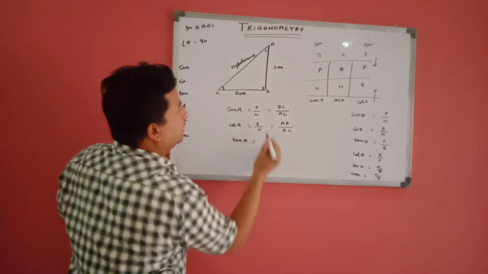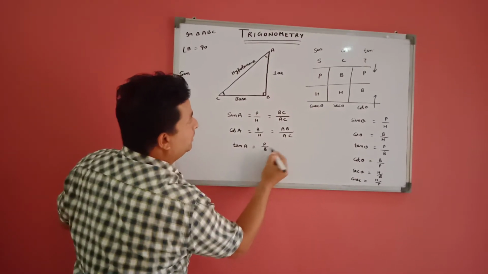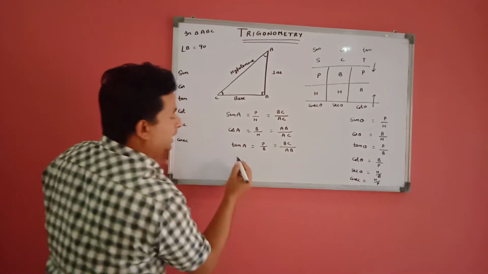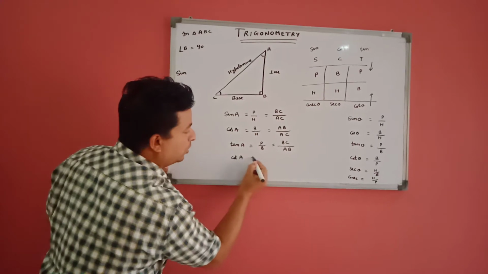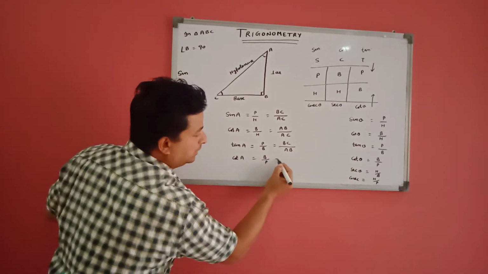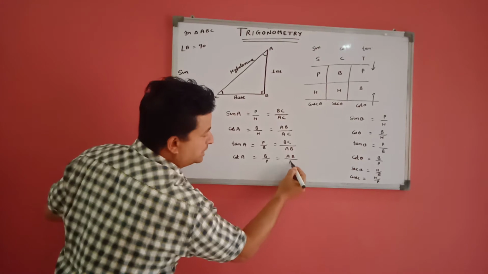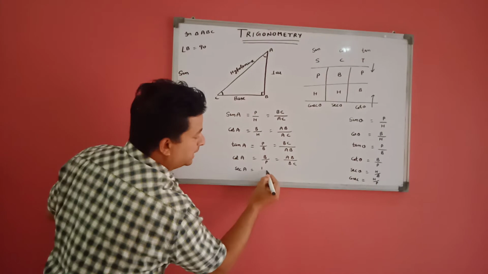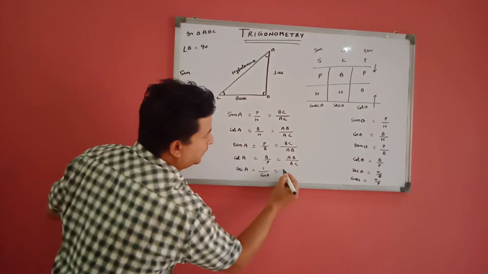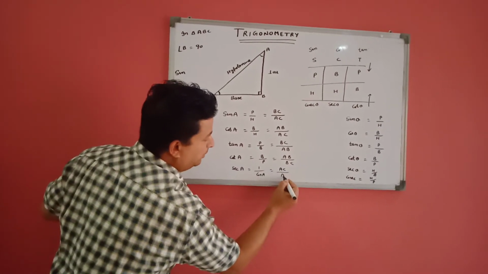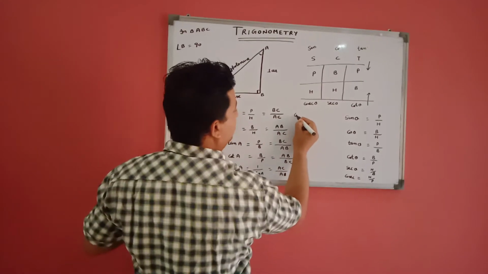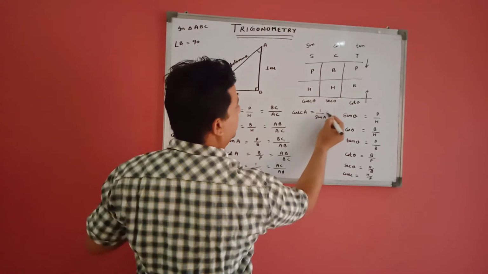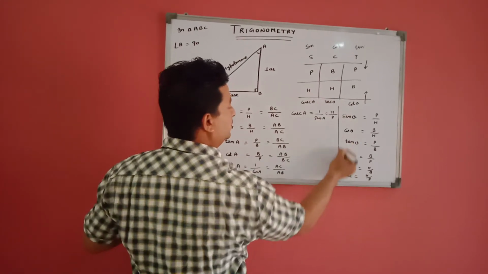Tan A is perpendicular over base, which is BC upon AB. Cot A is B upon P, which is AB upon BC. Secant A is the reciprocal of cos A, which is AC upon AB. Cosecant A is the reciprocal of sin A, H upon P, which is AC upon BC.